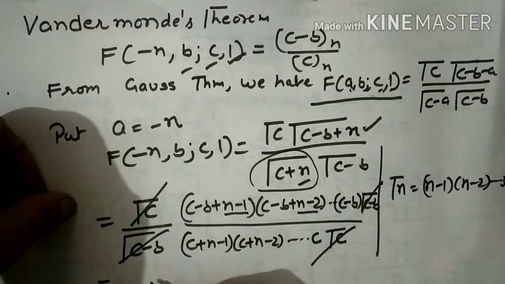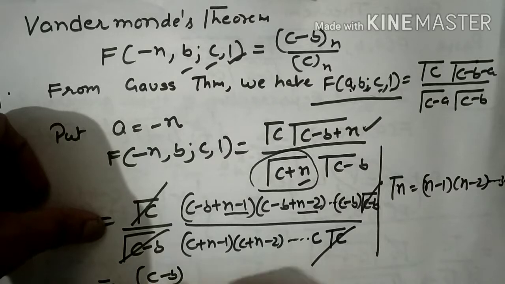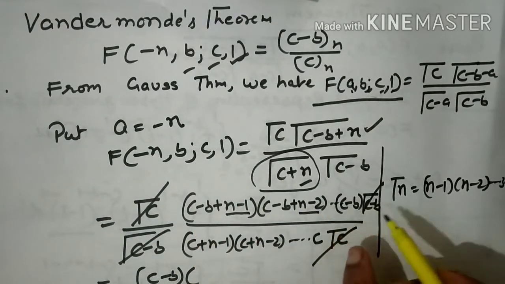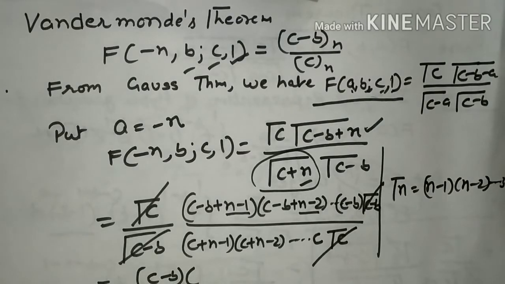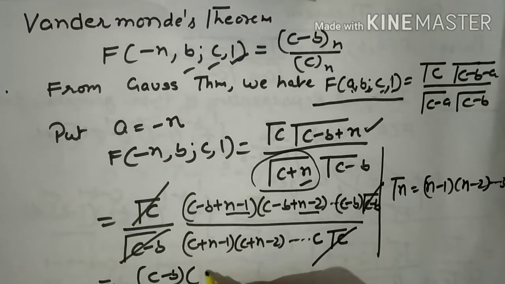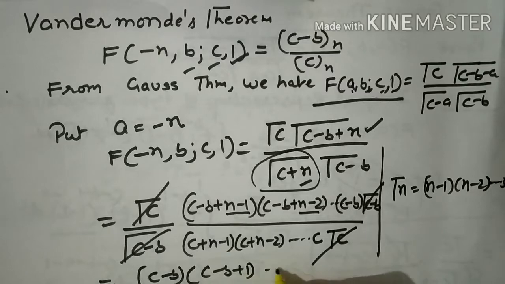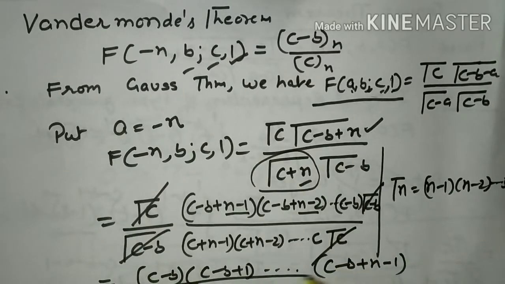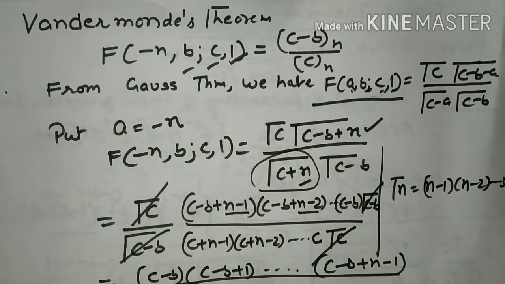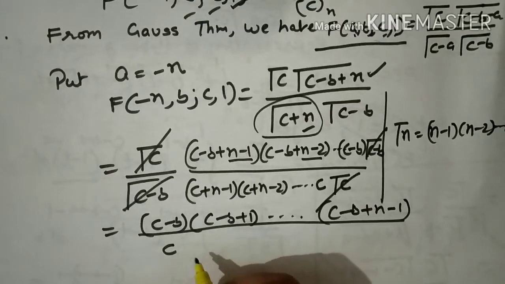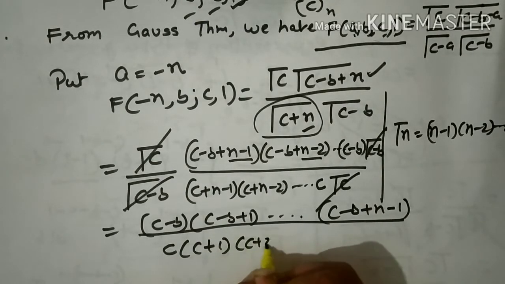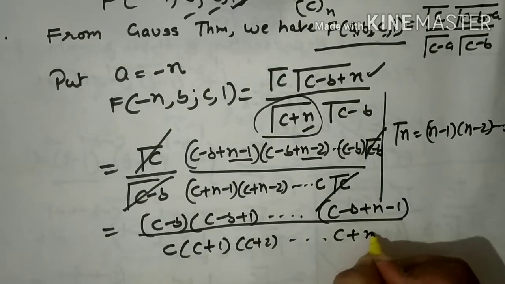The rest of the terms we write in reverse order, c minus b. Because we had decreased in this way, if we write from the end side, it will increase: c minus b plus 1, and so on, up to c minus b plus n minus 1. Similarly we write the denominator terms in reverse order: c, c plus 1, c plus 2, and so on, up to c plus n minus 1.